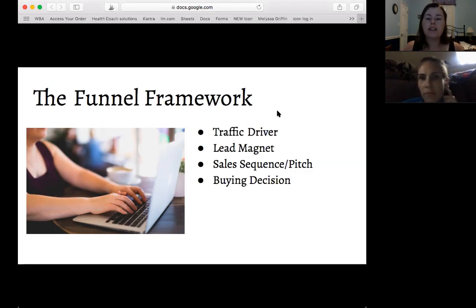And that's okay, because this is how we weed out the people who aren't right for us, the people who aren't a good fit for our program. They're not at the right point. They don't have the pain point that we address. And that's okay. This is the purpose of it. This is why it's good to know your numbers.